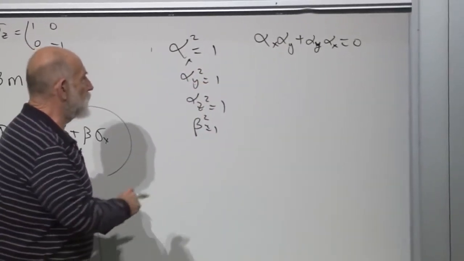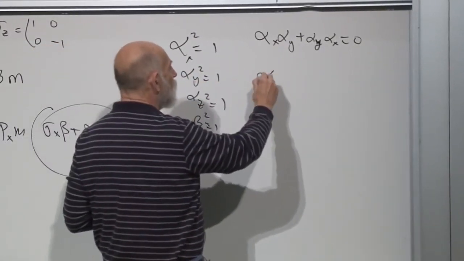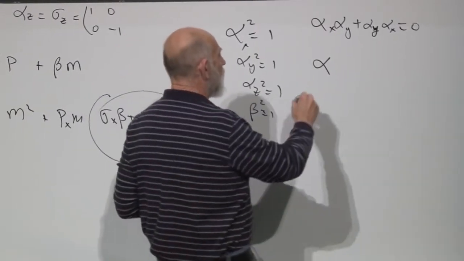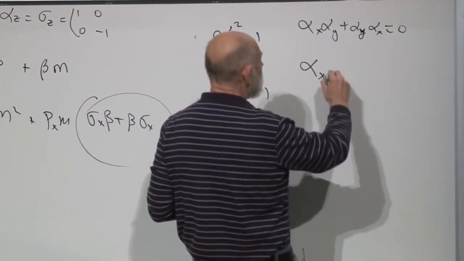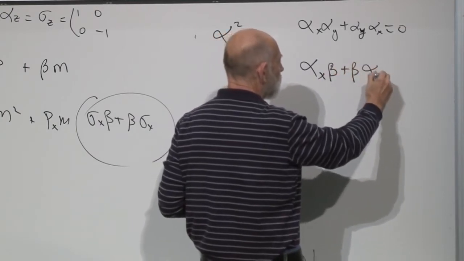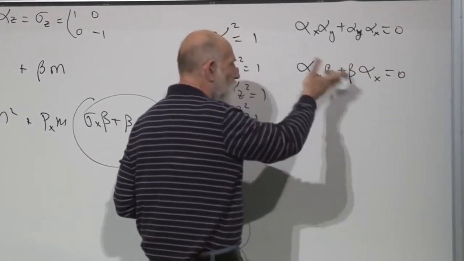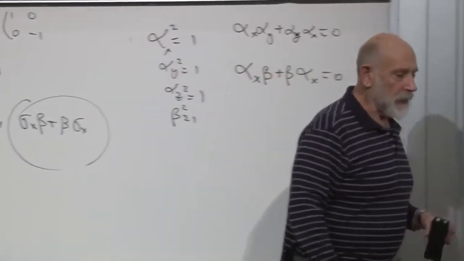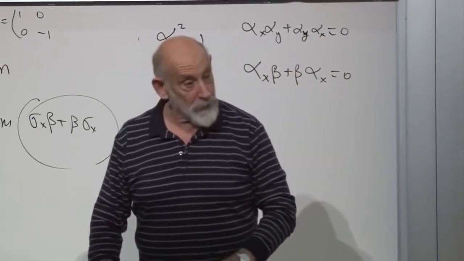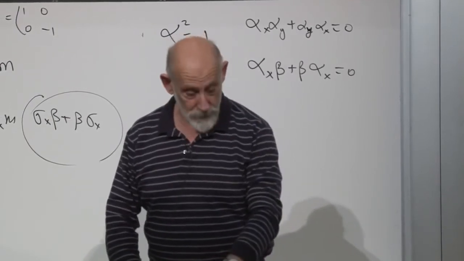Similar things to this. But finally, for all 3 alphas, we have to have alpha x times beta plus beta alpha x also equals 0. Same for y and same for z. All right, and as I said, such matrices exist, 4 by 4 matrices.